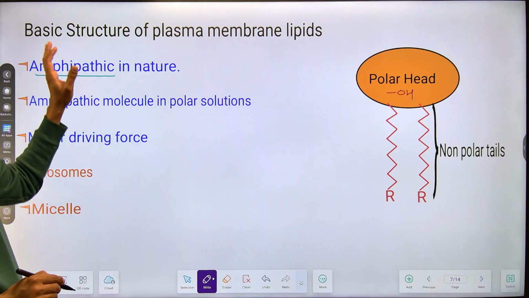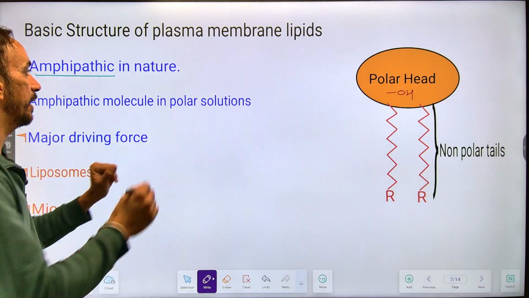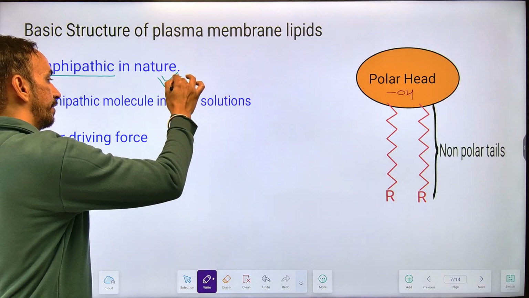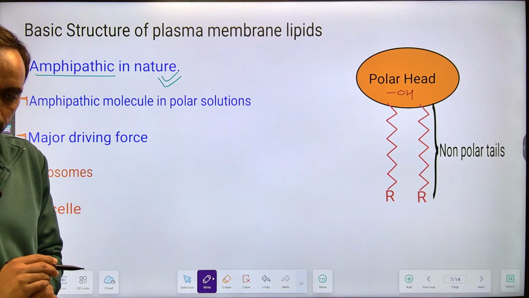So we can say that the plasma membrane lipids, they are amphipathic in nature. उनका नेचर क्या है? एम्फीपैथिक है.